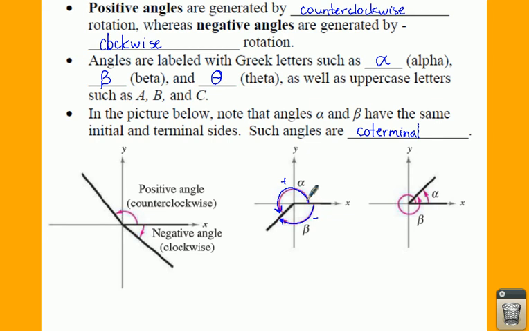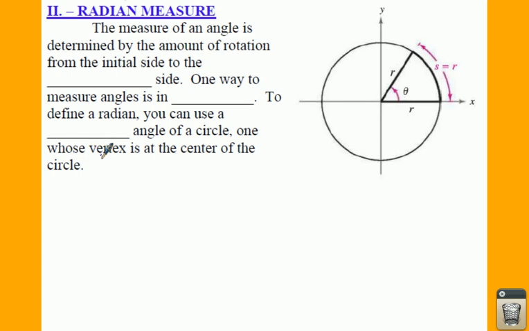As you go around here for A, you stop right here, and angle beta goes and stops right here. These are not equivalent in degrees, but they are coterminal. That means they have the same end point. Same thing if you have A going in the positive direction and beta goes in the positive direction, but it goes around and keeps going around. That's the same angle. That is coterminal.